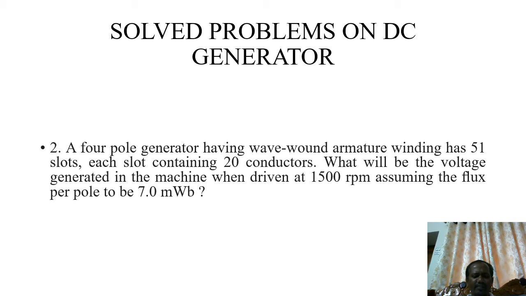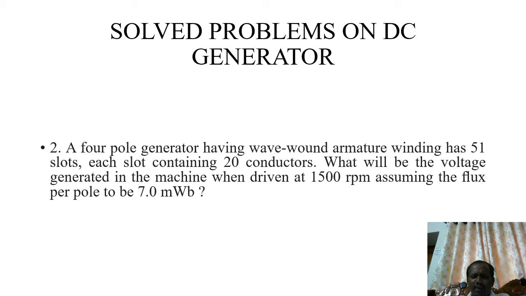So here what it is saying: a 4-pole generator having wave wound armature winding has 51 slots, each slot containing 20 conductors. The total number of slots is 51, and each slot has 20 conductors.